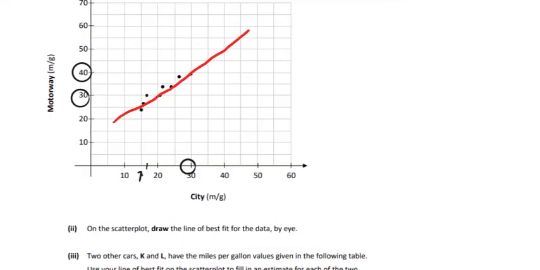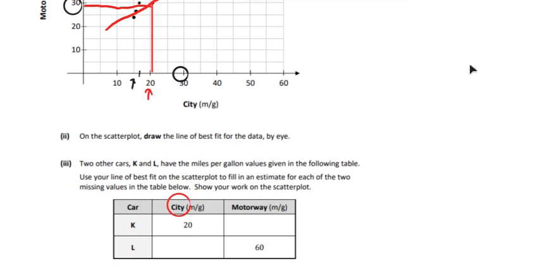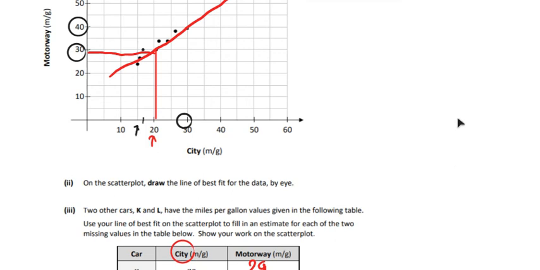So if I go to 20, which is here, and draw a line up, you must use the line of best fit for estimating. If I draw it up to the line of best fit and then across, it's about, we'll say 29, so you'll be given a little bit either way here, but that's about 29 on the motorway axis, or the y-axis.